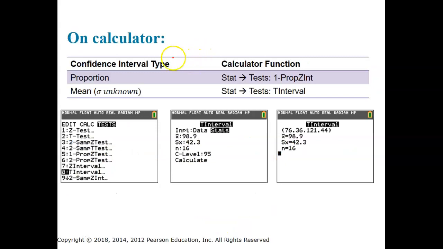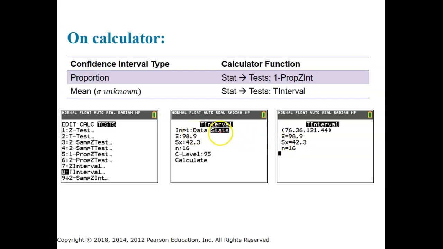Okay, on the calculator, we had looked at the proportion type, and for that we went to stat, test, and then one proportion z interval. For this type, we're going to go to stat, test again, but down to number 8, which is t interval. This time you can choose between data and stats. Data is if you're given all 30, 40, 50, 100 data values.